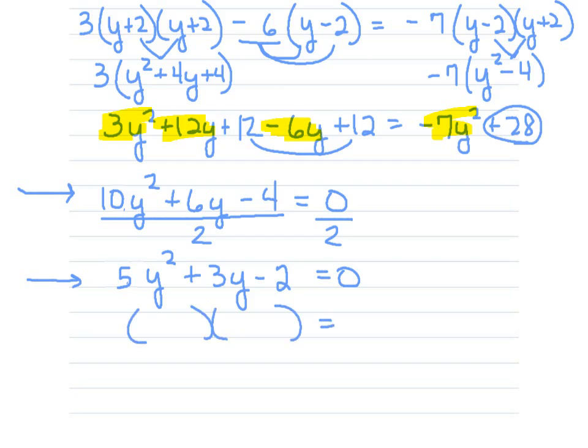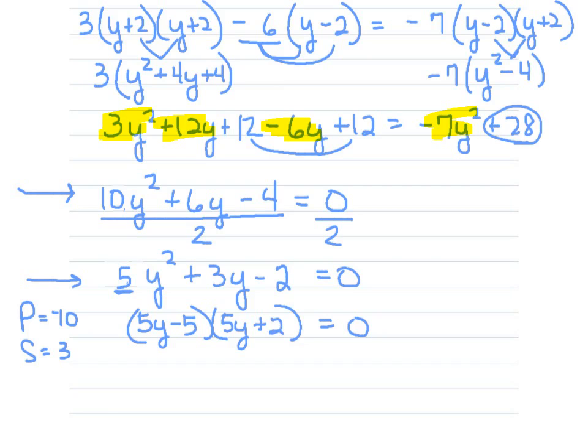Here we go. Remember that when a is a number other than 1, you need to make a mistake, so I multiply a by c. So 5y and 5y. I need two numbers whose product equals negative 10 and their sum equals positive 3. So I have negative 5 and positive 2.